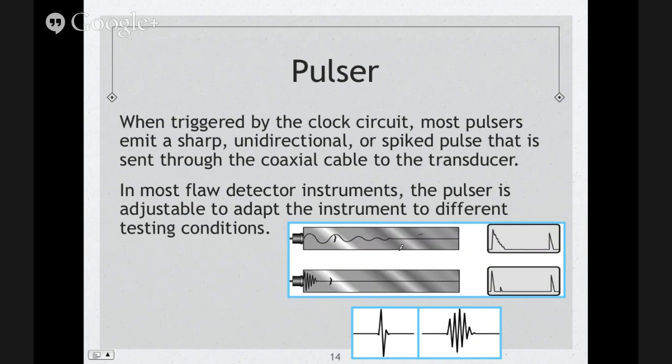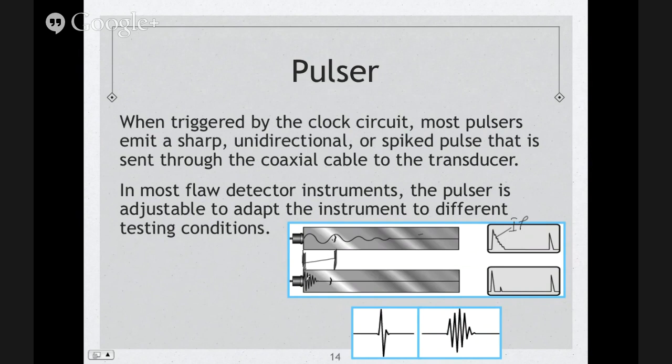For example, on here you can see this is your initial pulse, and you can see how broad this is, and that tells me that this pulse has a longer pulse length, or the dampening setting is greater than the one over here. And look, this is at the same frequency. We have indications at the same distance from our surface, and the only thing that's changing is our pulse.